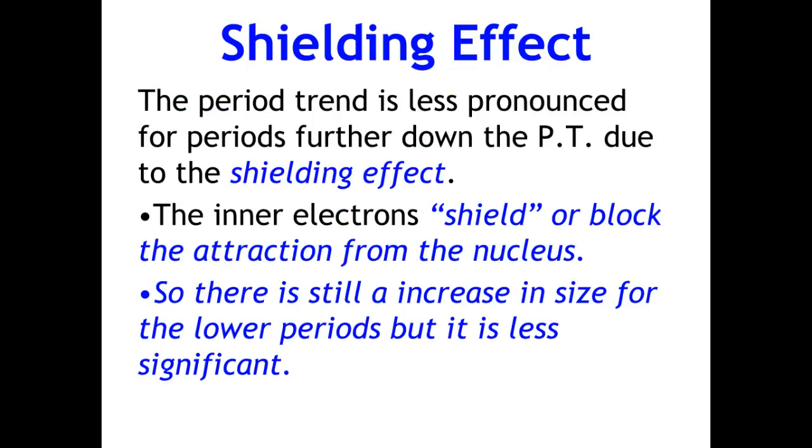So with that in mind, let's talk about the shielding effect. As you go down the periodic table, meaning increasing energy levels, 1, 2, 3, 4, 5, 6, 7, the atomic size is less pronounced due to the shielding effect. So what's the shielding effect?